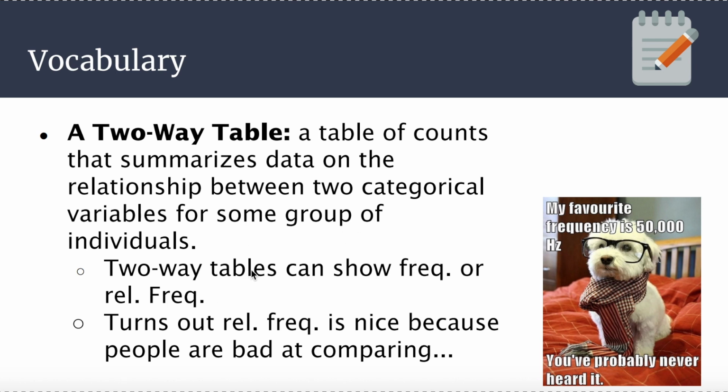Both are totally fine. Turns out that relative frequencies are actually nice, and a lot of people prefer to report relative frequencies because people are actually bad at comparing things. Maybe that surprises you, maybe it doesn't.